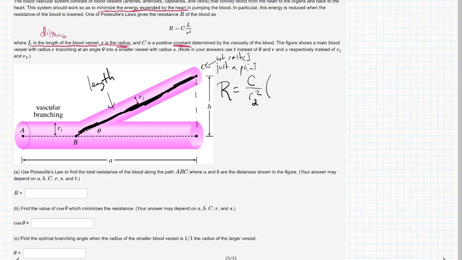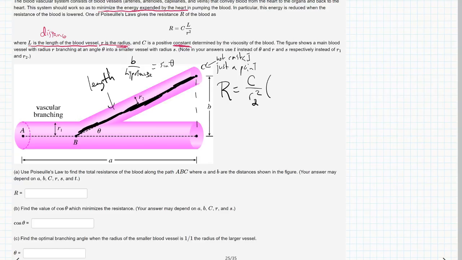But notice that length is the hypotenuse. So you could always do B over, let's call it the hypotenuse, equals just the sine of theta.